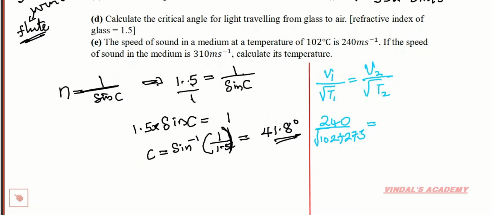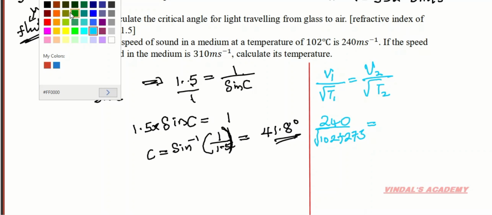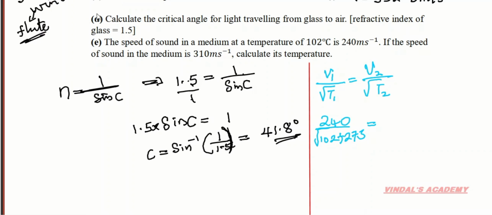But please, let me change this pen. At least I can bring blue. All right, so I have 710 all over square root of T2. If you clear your fraction, this will cancel this, do the normal clearing of fraction, and you have that square root of T2 is going to be equal to 25.013.